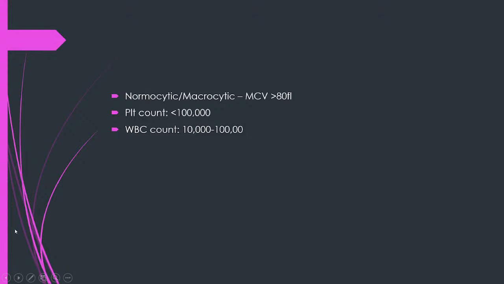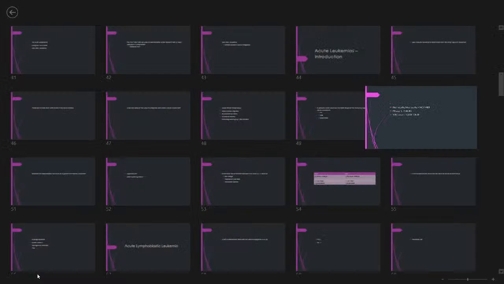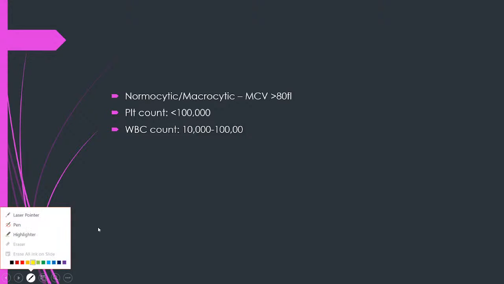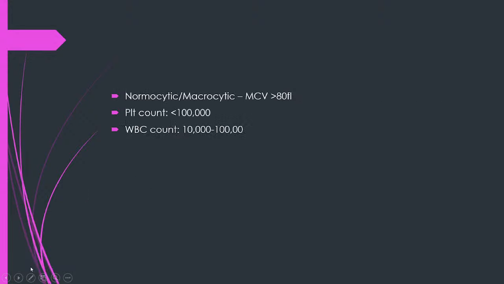It's normocytic to macrocytic, with MCV usually greater than 80. The platelets are less than 100,000, and the WBC count can range from 10,000 to 100,000. It could be a little higher, but should be within this range to be classified as an acute leukemia.